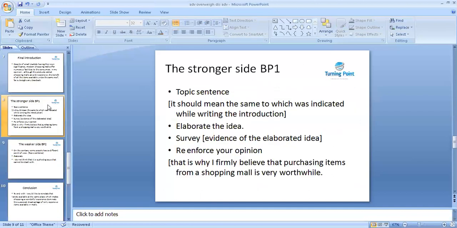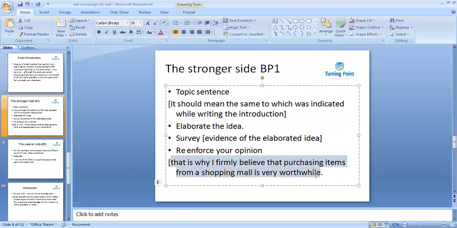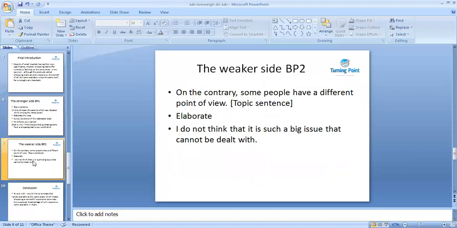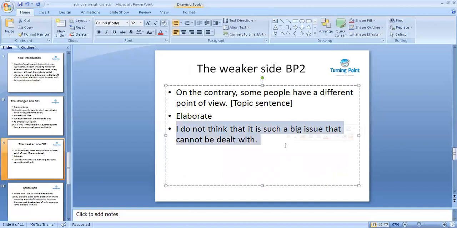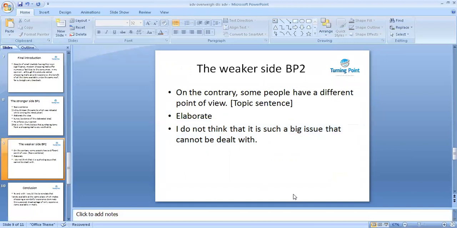So while writing body paragraph 1, I said that is why I firmly believe that purchasing items from shopping mall is very worthwhile. And while writing body paragraph 2, I will say, I don't think that it is such a big issue that cannot be solved or dealt with. So guys, this completes the body paragraph 2.